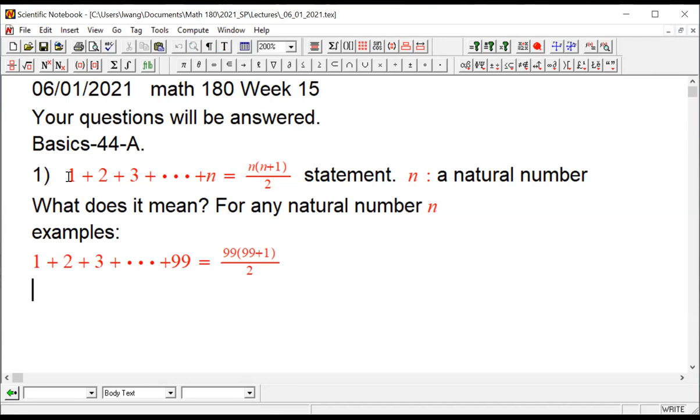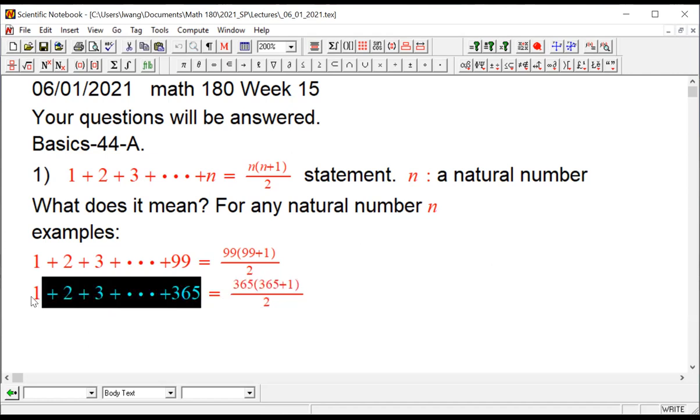For example, let's do 365. If we're adding 1 plus 2 plus 3 all the way up to 365, what do we have? In this case, n is 365, and you can just plug into that formula, and then you will get the sum of the first 365 natural numbers.